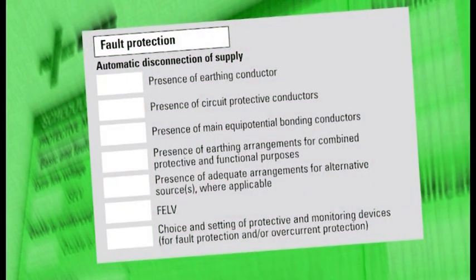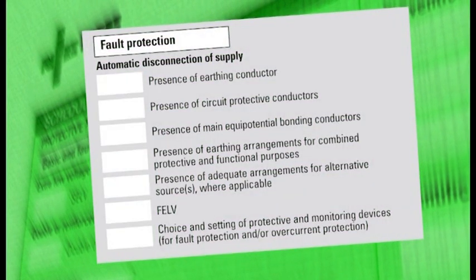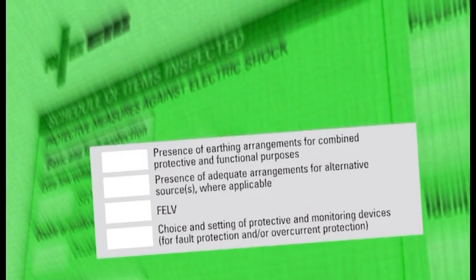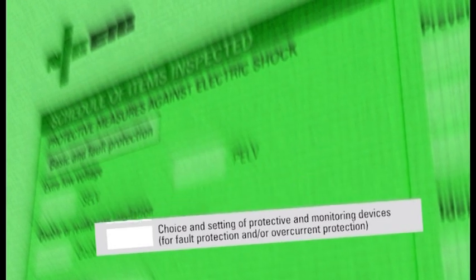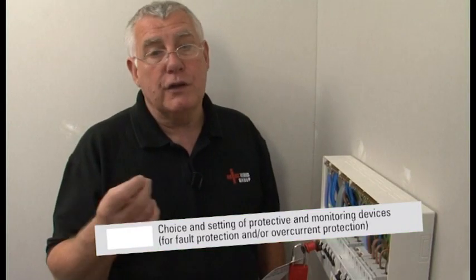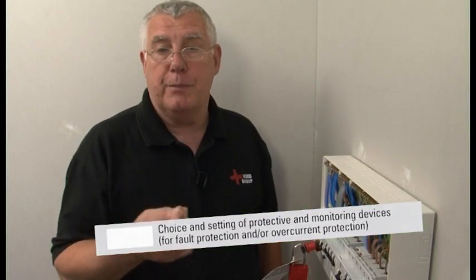The final item, under the subheading of Automatic Disconnection of Supply, is choice and setting of protective and monitoring devices for fault protection and/or overcurrent protection. So, we are concerned with fuses, circuit breakers, RCDs and any current monitoring relay which controls separate circuit breakers.